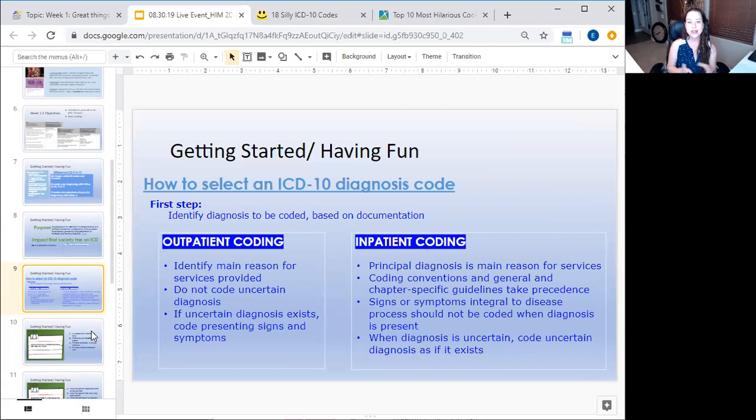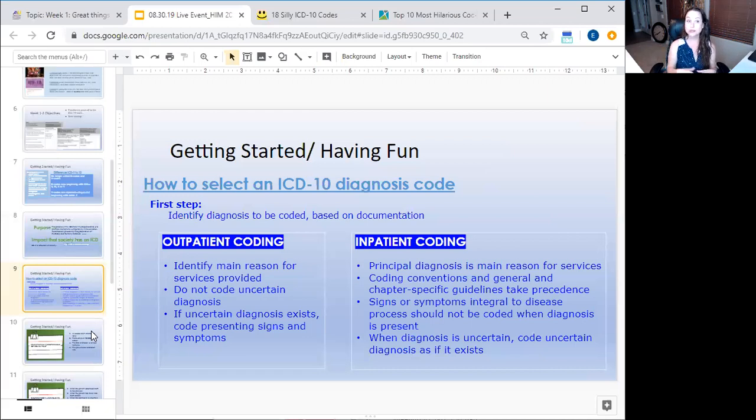Signs or symptoms integral to the disease process should not be coded when that diagnosis is present. For example, if someone has the flu and you're coding the flu, you're not also going to code a fever and whatever else goes along with the flu. If it is included, you don't code the signs and symptoms. You code the actual diagnosis.